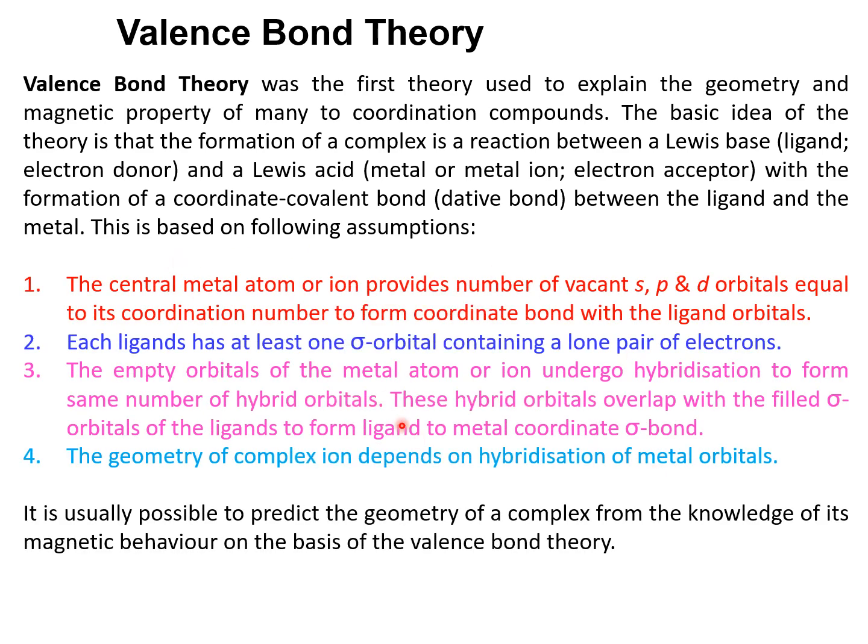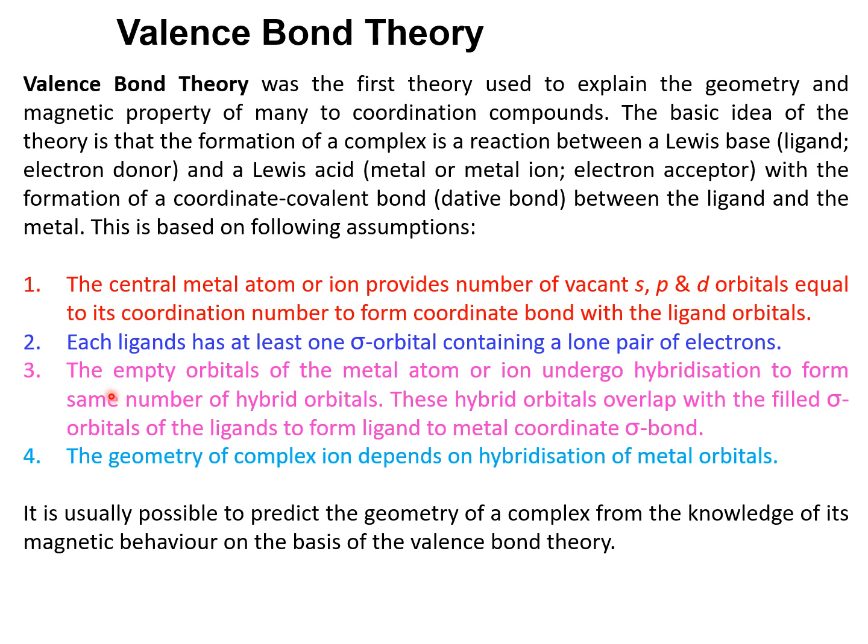Let us see the assumptions one by one. The first assumption is that the central metal atom or ion provides a number of vacant s, p, d orbitals equal to its coordination number to form coordinate bonds with the ligand orbitals. Each ligand has at least one sigma orbital containing a lone pair of electrons.